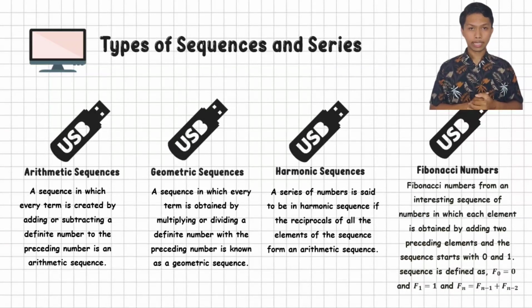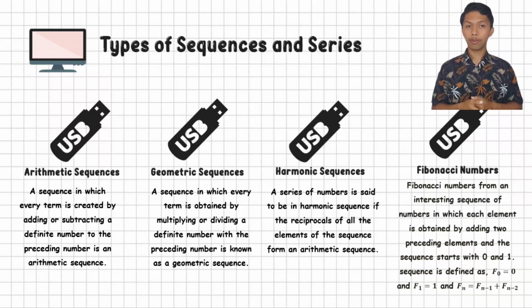The last type is the Fibonacci sequence. The Fibonacci sequence is one of the most famous sequences. This sequence has another name, namely the golden ratio. The golden ratio is often used in the field of art and graphic design because it can add aesthetic value to artwork.